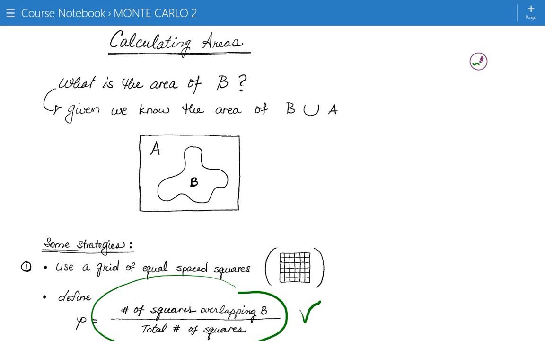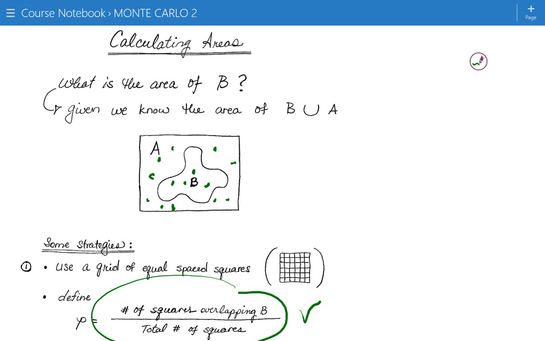Now, if the distribution, or the probability of landing in any point here, is the same, so it's kind of a uniform distribution across the full area of the square, and I get a point here, and then I get a point there, and another point, and I keep randomly throwing, and I get points as I randomly throw. Well, I could then look at the number of dots that landed inside of B relative to the total number of dots that I had generated, or the number of darts if I'm actually throwing at the wall.